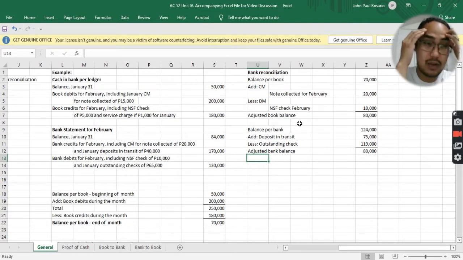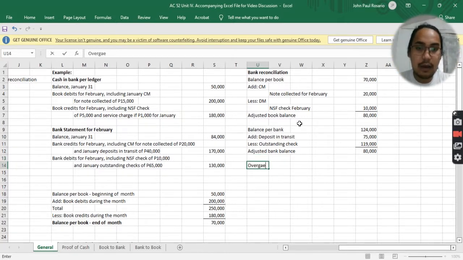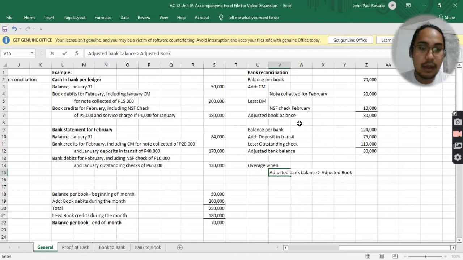Now, sir, what if when I reconcile, the adjusted book balance and adjusted bank balance are not equal? Then you will have your overage and shortage. There is overage when the adjusted bank balance is greater than the adjusted book balance.